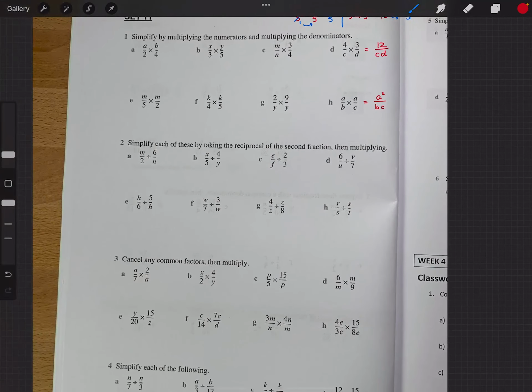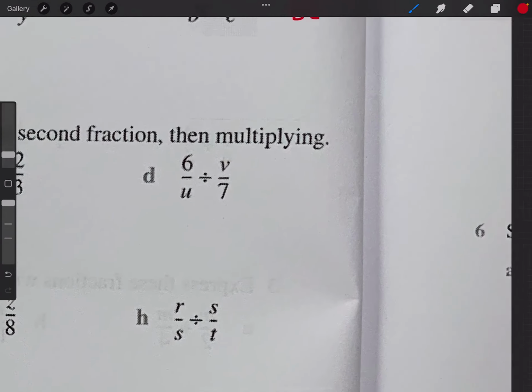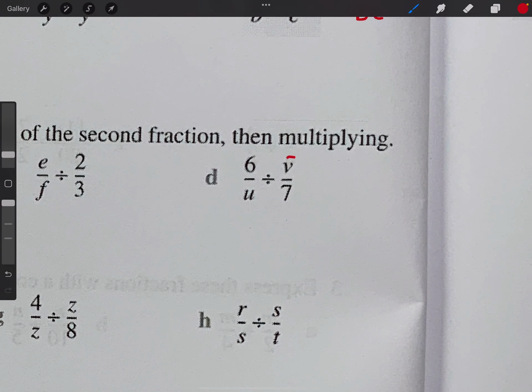Alright, next one. Question 2. Simplify each of these by taking the reciprocal of the second fraction, then multiplying. So we're doing division now, and when we do division of fractions, remember that we have to flip this one upside down.